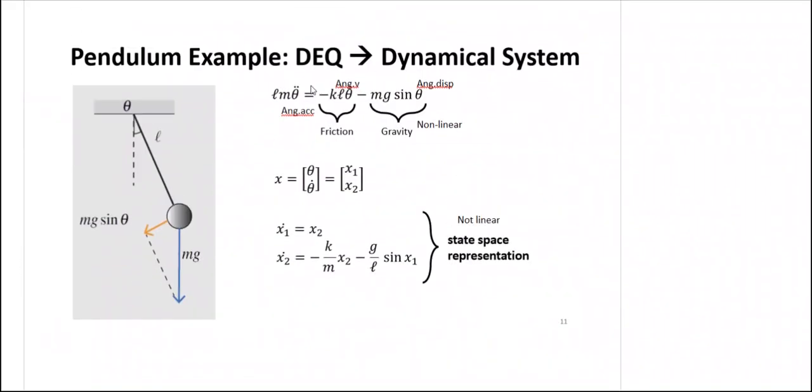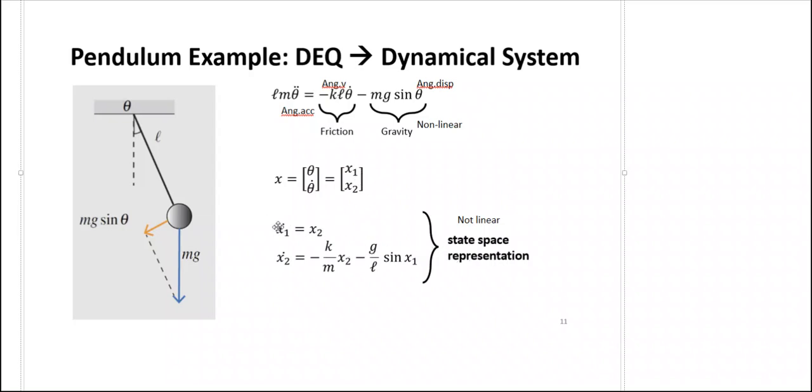Pendulum system: we have the angular acceleration theta double dot, the angular velocity theta dot, and theta, the angular displacement. We have friction terms and a gravity term, which are equivalent to the angular acceleration, and this is a nonlinear system. So we put this in matrices. X equals theta, the angular displacement, and the angular velocity; these are x1 and x2.